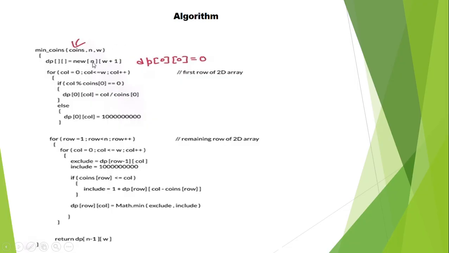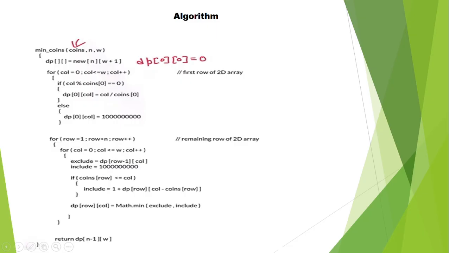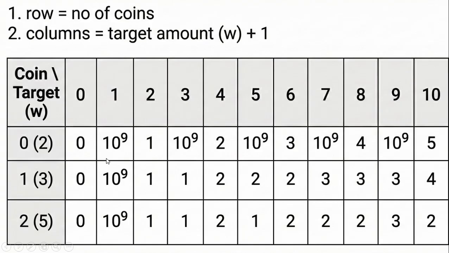Here is our number of rows and here are the columns; we add 1 according to our formula. This whole part represents only the first row, and this will represent our onward rows: second, third, fourth up to n.